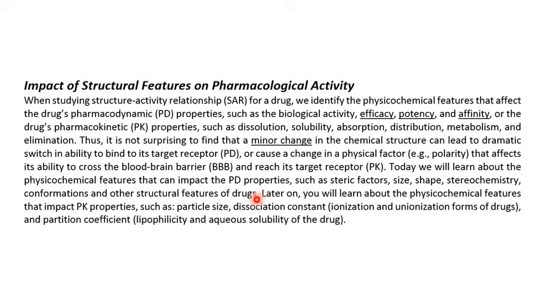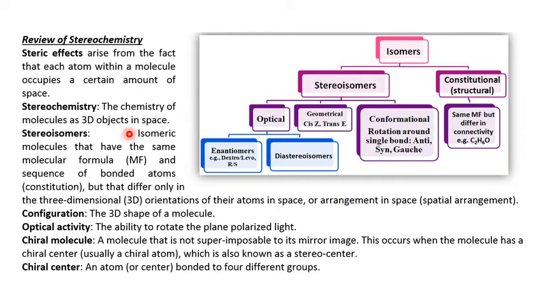Later on in future classes, you will learn about the physicochemical features that impact the pharmacokinetic properties, such as particle size, dissolution constant, and the partition coefficient. Okay, so let's look at these structural features and see some examples of how they can impact the pharmacodynamic properties, how they can impact the binding and thus the biological activity.